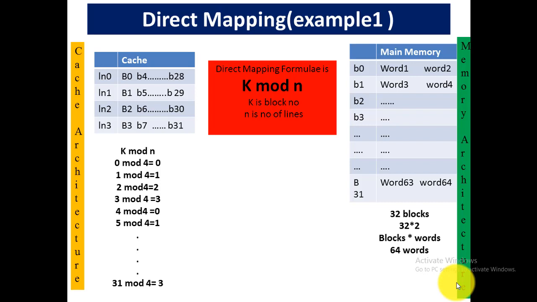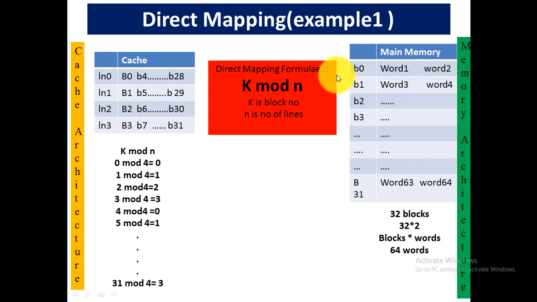Block number 5 cannot come in line number 0 because it will come in only line number 1. In the same way, block 6 cannot come in line number 0 because the location of block 6 is in line number 2 according to the formula. Right? So in this way, we directly map the data of RAM into cache memory.